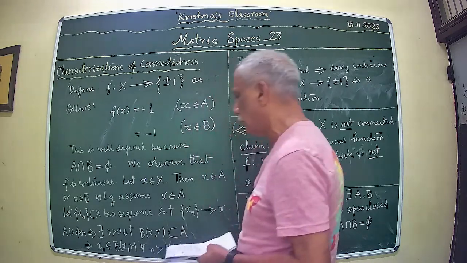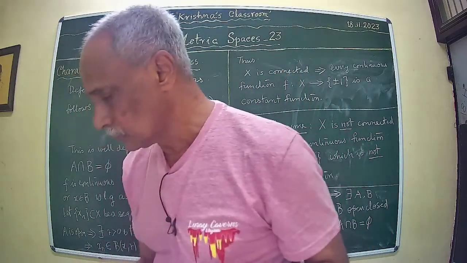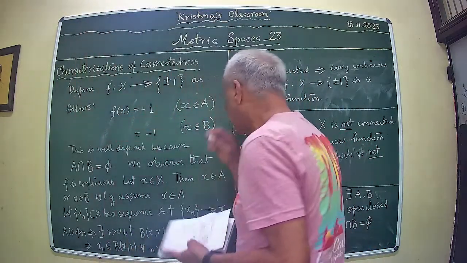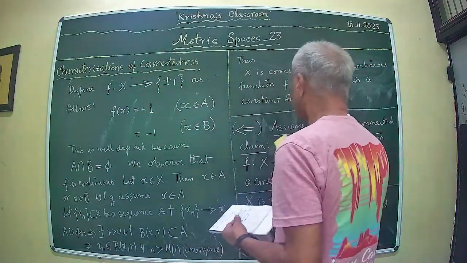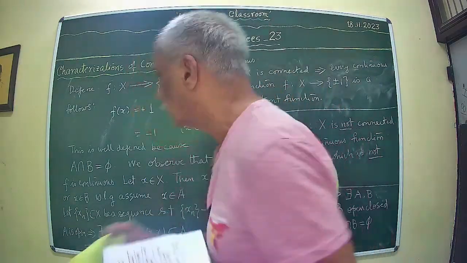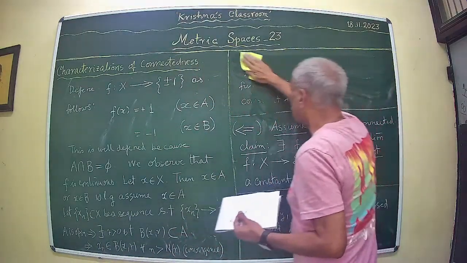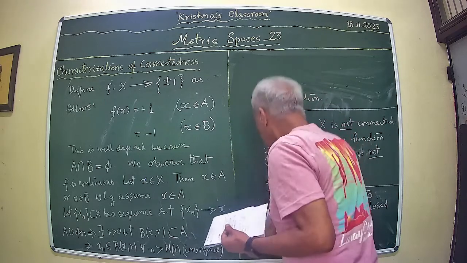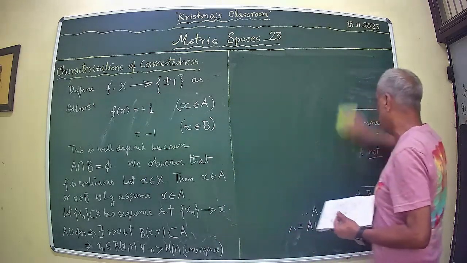What does it mean? So if you look at f of xn, f of xn by definition is maybe plus 1 or minus 1 depending on where xn belongs to.